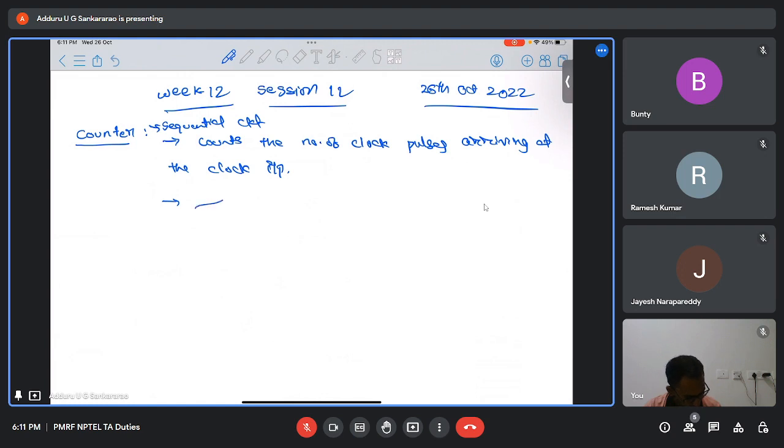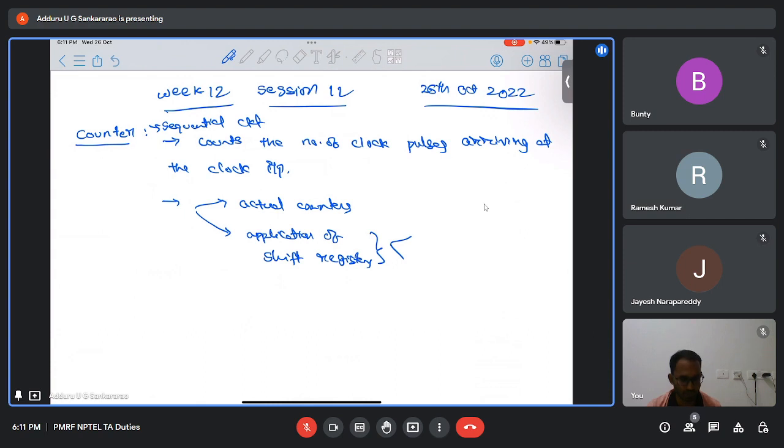Actually we have two types of counters. One is the actual counters, and another is the applications of shift register. You might have studied about shift registers. One of the applications of shift register is counters, but these are not actual counters, but still they are called counters.